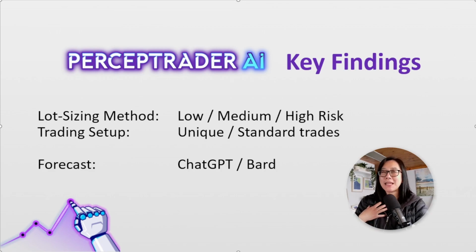Honestly, my personal opinion is you only need to worry about two things. The lot sizing method, whether you choose low, medium, or high risk, depending on your personal appetite, and your trading setup, whether you like unique mode or standard mode. Unique mode will have fewer trades and standard mode will have more trades.